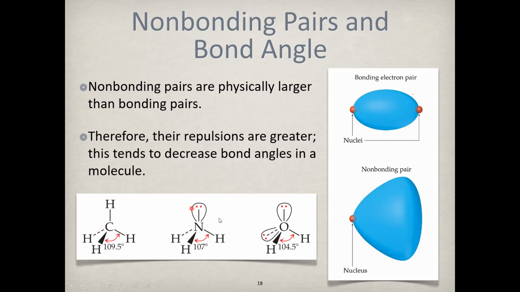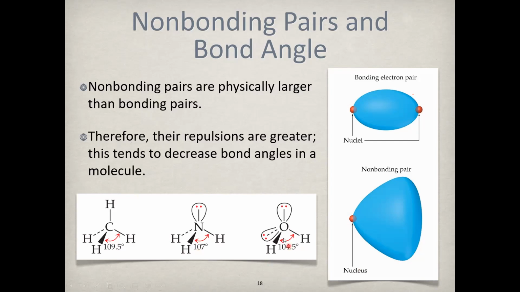But what we're going to see when we take one of those bonded atoms and replace it with a lone pair is that you can kind of think about the electron density in that spot is going to be greater. So what it's going to do is force those other bonds closer together. So in the case of ammonia, the lone pair here is actually going to force those bonds and hydrogen down a little bit more. So that's why we see the bond angles for the hydrogens get compressed slightly. So they go from 109.5 to 107.